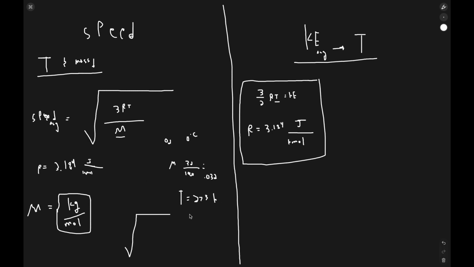Now all you do is just plug and chug. 3 times 8.314 times 273 all over 0.032.